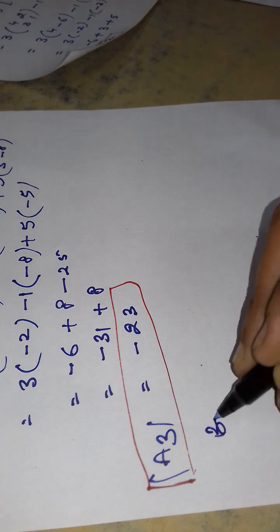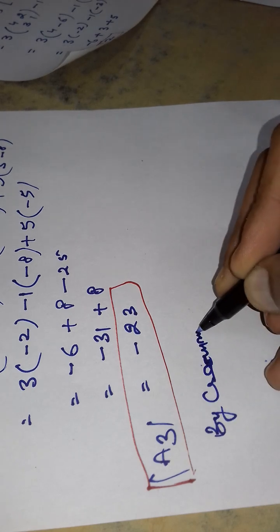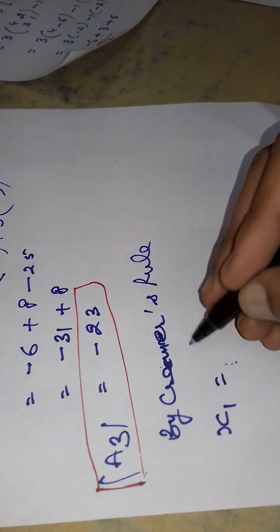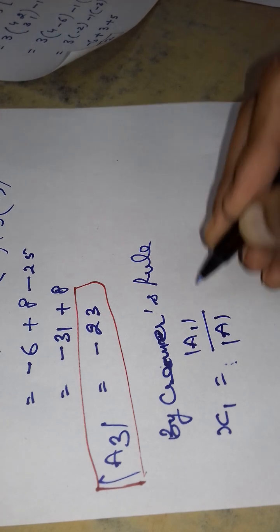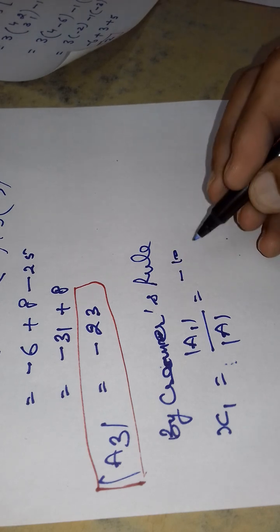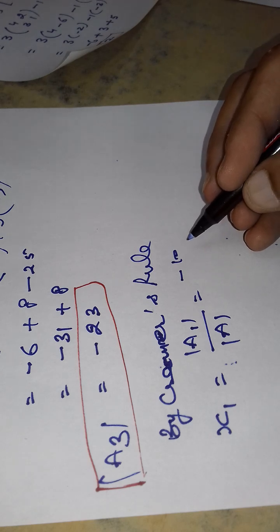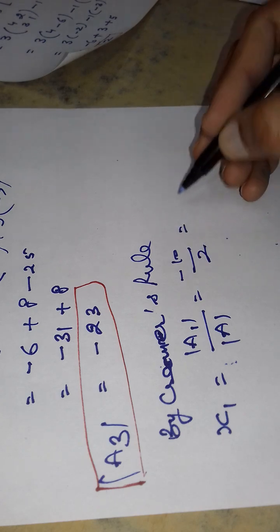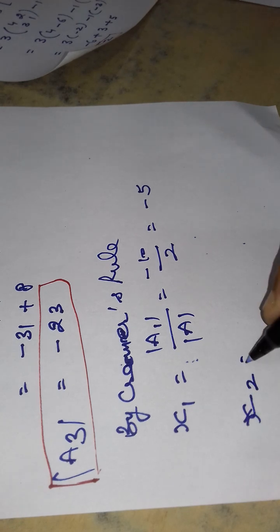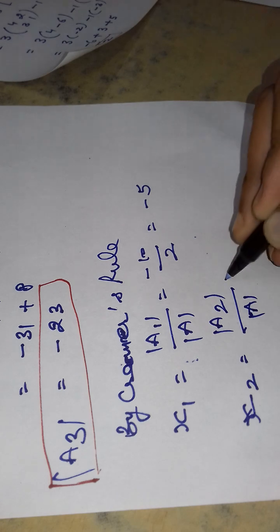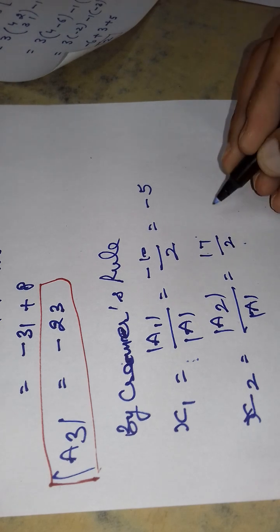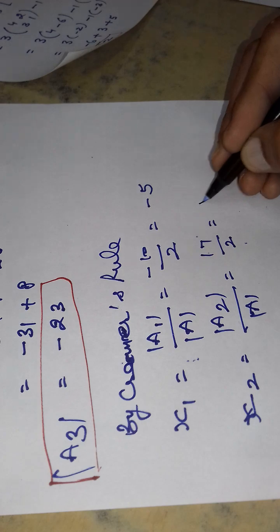By Cramer's rule, x1 equals the A1 determinant divided by the A determinant, which is minus 10 divided by 2, equals minus 5. Similarly, x2 equals the A2 determinant divided by the A determinant, 17 divided by 2, equals 8.5.